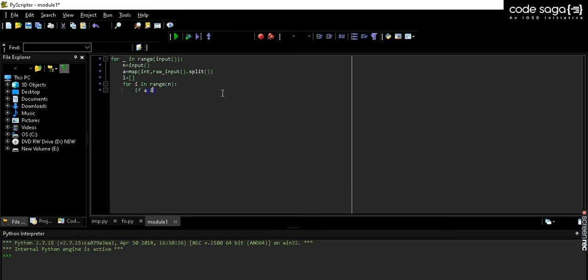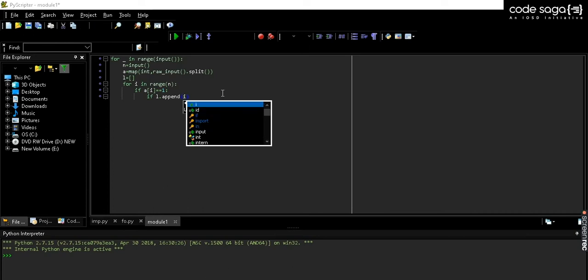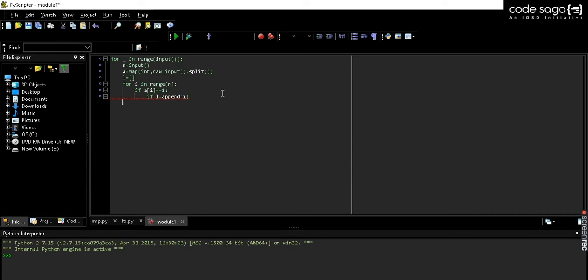If I find a 1 in that position, I will store the index in L. So I now have every position of 1 in the array. What I basically have to check is, are the consecutive ones 6 feet away from each other.